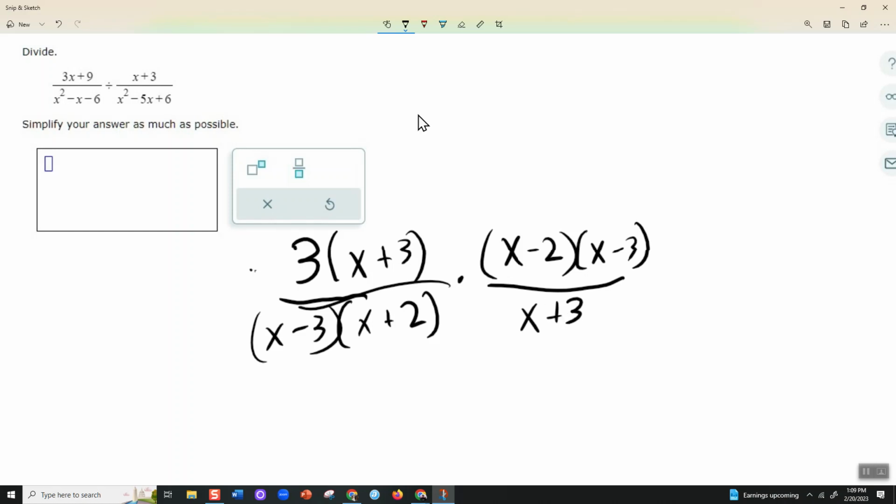So let's see what we can reduce. We've got x plus 3 over x plus 3. We've got x minus 3 over x minus 3. And this is a minus 2, and this is a plus 2. So that does not reduce. They have to be exactly the same. So this is going to be 3 times x minus 2 over x plus 2.